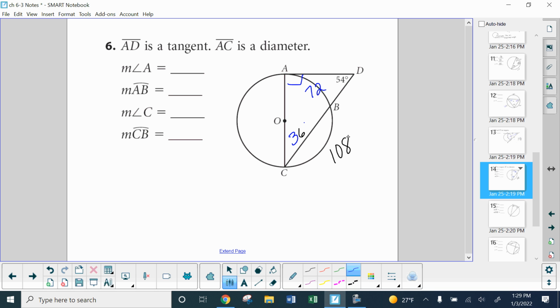So let's see if we've answered all the questions. Angle A is 90. Arc AB we said is 72. Angle C is 36. And CB is 108. Any questions on that?